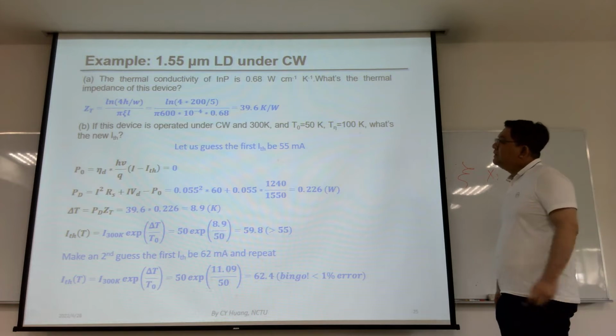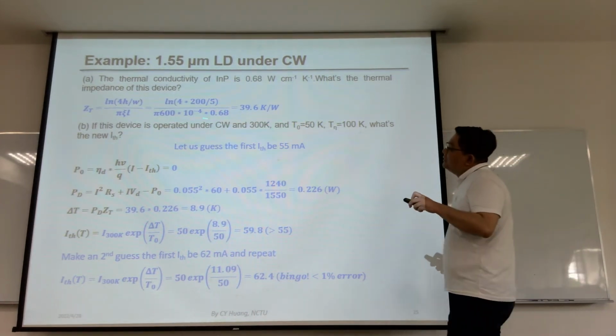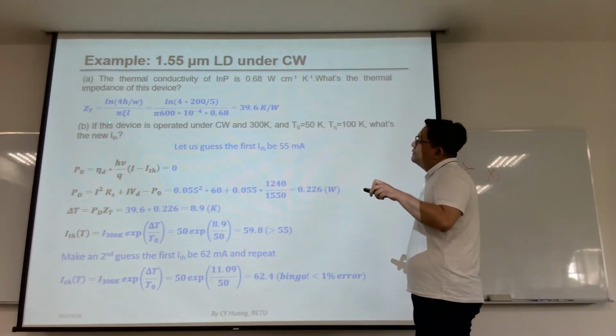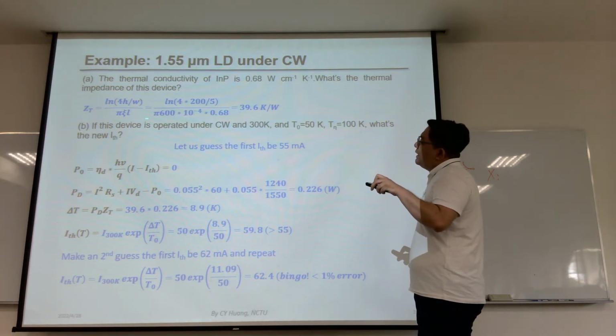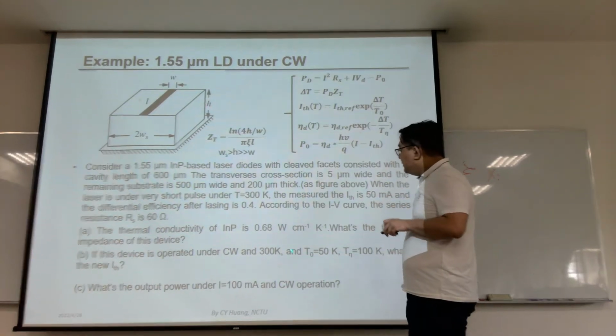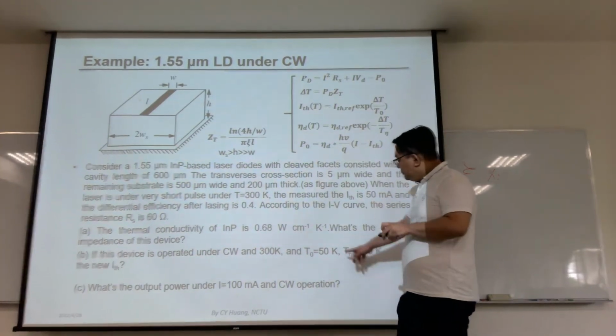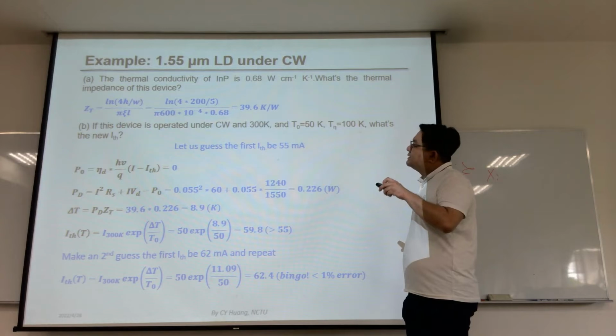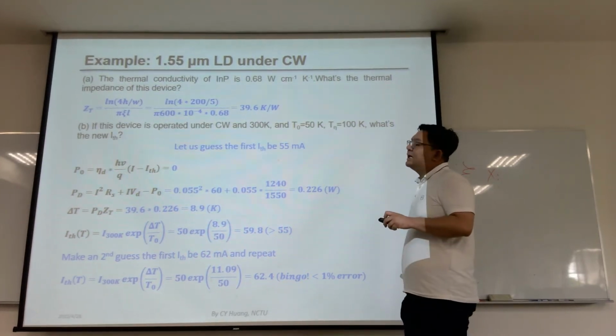So for the first example, we just put the number in. For the laser, ZT is 2 times h divided by w, times I divided by pi kappa L. The h is 200 micron, w is 5 micron, and since we need to be careful, the kappa here is in centimeters, but we know the length is 600 micron.